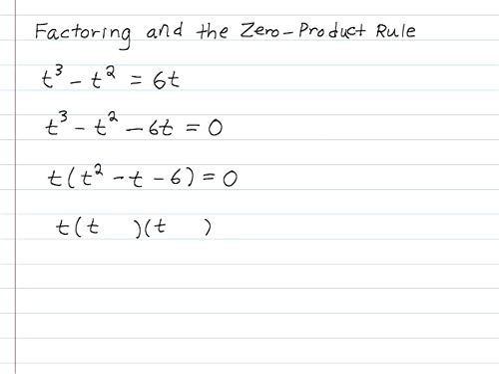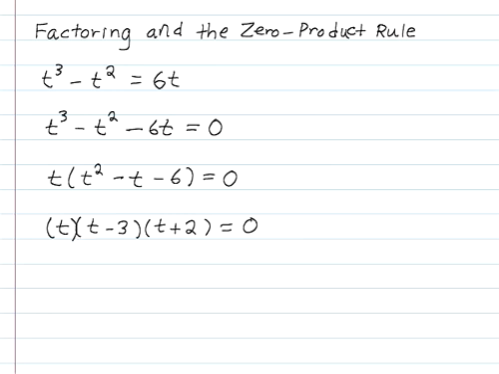So two numbers that'll do that are -3 and +2. If you try that, -3 times 2 is -6, and -3 plus 2 is -1. If you work backwards and multiply these terms together, you'll see that you end up with what we started with.